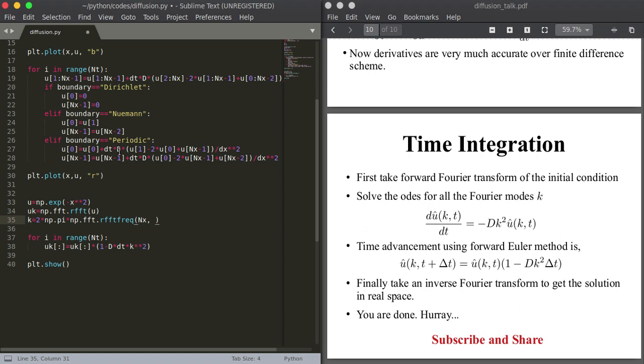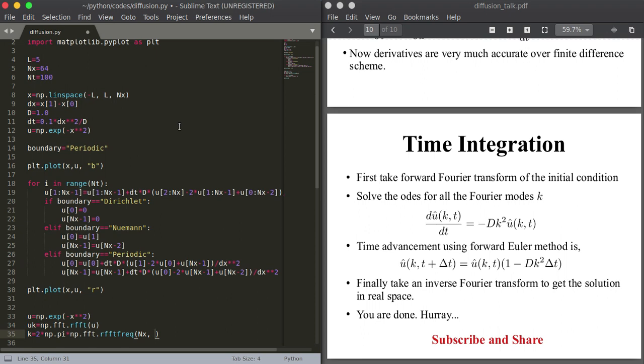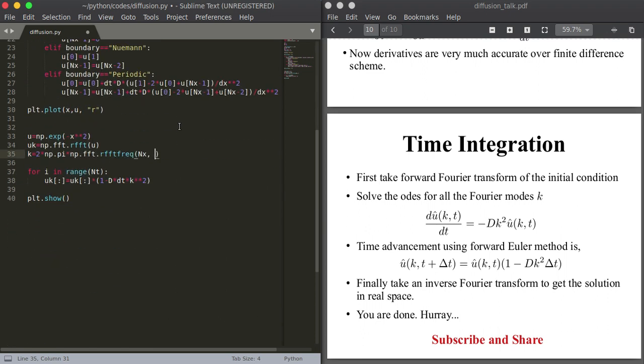Here my domain size is 2L and it contains nx points. So the interval should be 2 multiplied by L divided by nx minus 1. That's all.